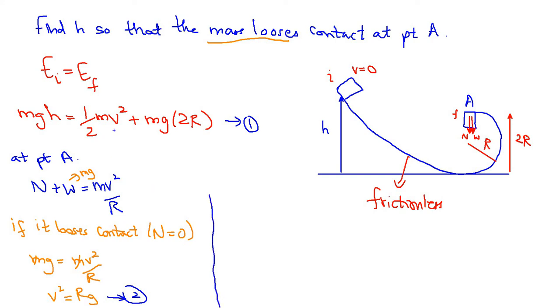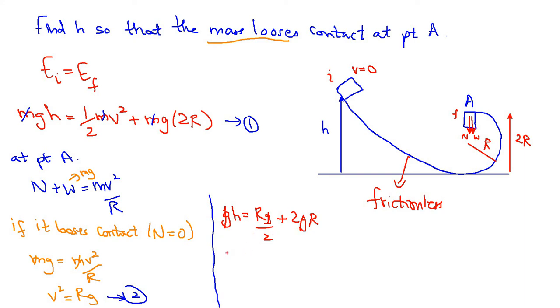So what you can do is plug 2 into 1. Remember, you can divide by the mass in 1, so the mass cancels out. When you plug 2 into 1, we get gh equals rg over 2 plus 2gr. Now you can see that the g cancels out as well, so we're just left with h and r.